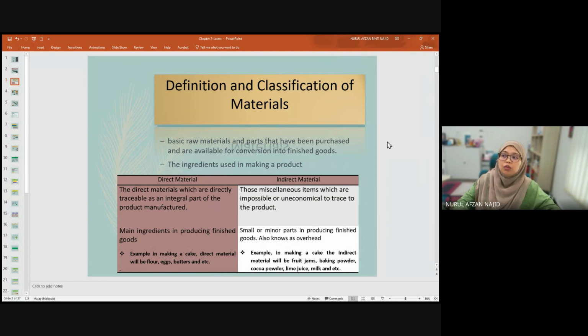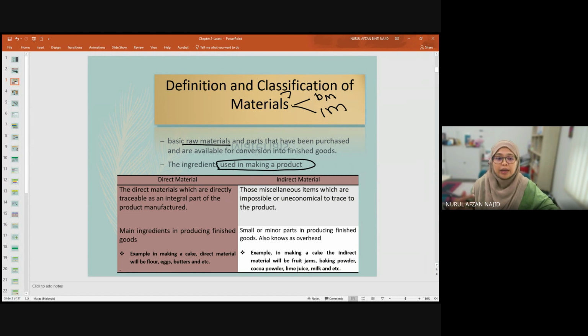Okay, maybe you masih ingat lagi lah benda tu di mana material ini kita boleh categorizekan dia kepada dua, iaitu direct material and also indirect material. So what is actually material? Material is the basic raw material or basic ingredient. Okay, ingredient, bahan-bahan, right? Ingredient that used in making a product.